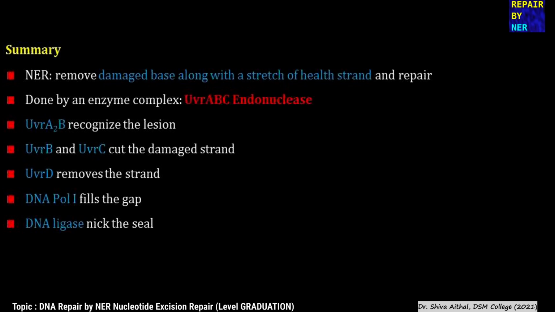This is done by an enzyme complex called UvrABC endonuclease. UvrA and B recognize the lesion. UvrB and C cut the damaged DNA strand. UvrD removes the strand. DNA polymerase 1 fills the gap, and DNA ligase seals the gap. This is a simple and very interesting mechanism of nucleotide excision repair.